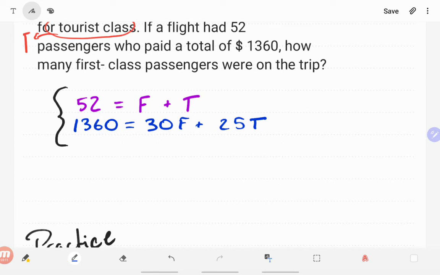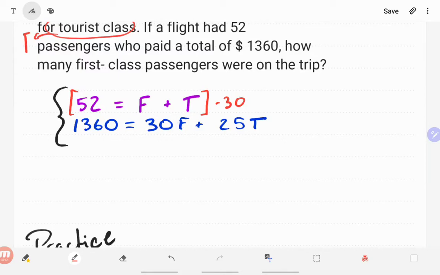Since we've already got F and T for our two equations, what I would recommend is to treat this like an elimination problem. I'm going to multiply this first equation by negative 30, so that I can cancel out this F variable.